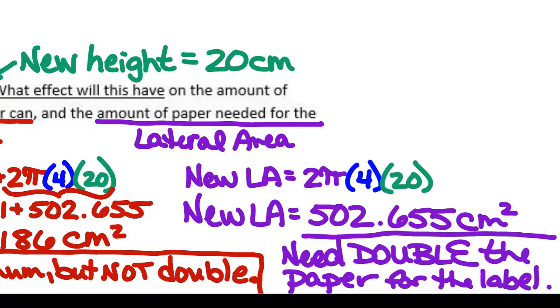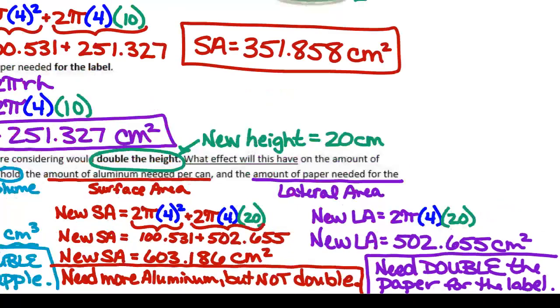So the volume doubles, the lateral area doubles, but the bases don't double. So my surface area doesn't fully double because the bases stayed the same size, but the can got twice as tall. So it doubled the amount of paper I would need for the label. It doubled the amount of stuff inside the can, but it didn't double my aluminum amount. Still got bigger, but not double.